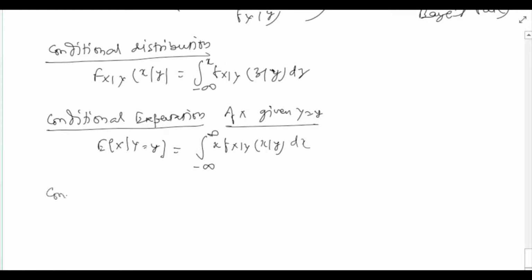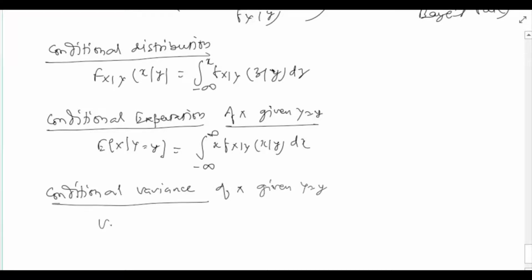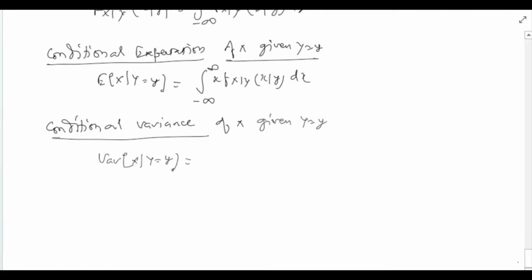We can also define the conditional variance of x given y equals small y. This is denoted as variance of x given y equals small y. This is the variance of x with respect to the above conditional probability density function.